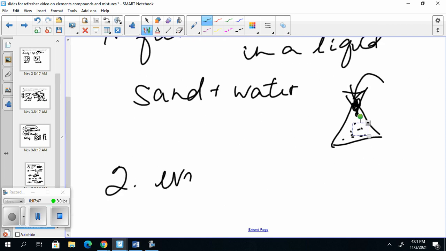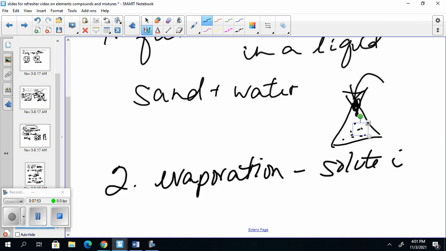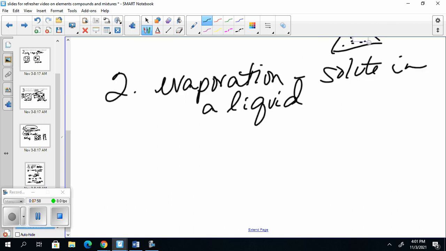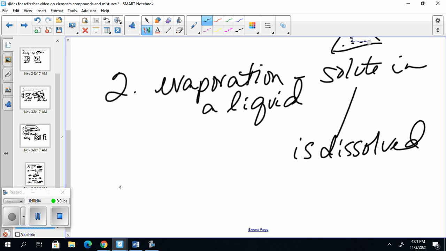You could do evaporation, and that is to remove a solute in a liquid. A solute is something that is dissolved in the liquid. A great example of this is salt water.